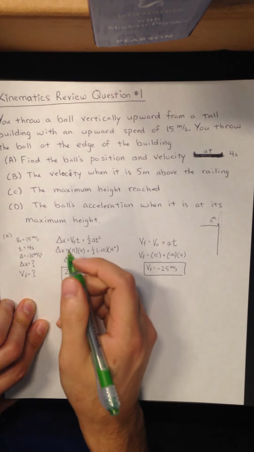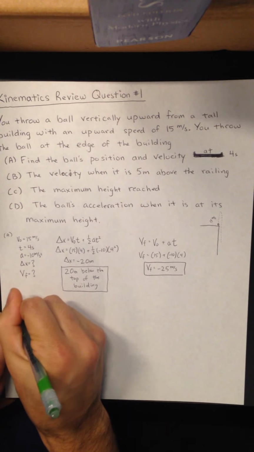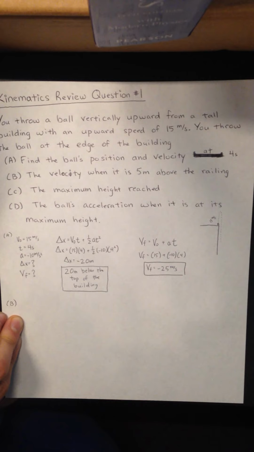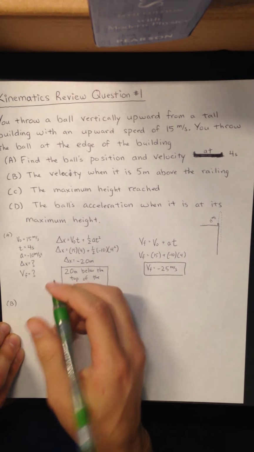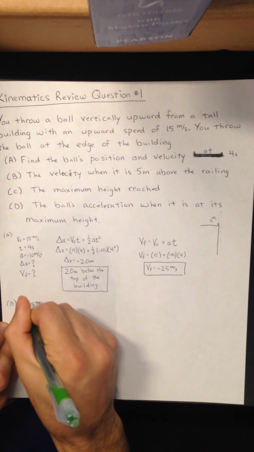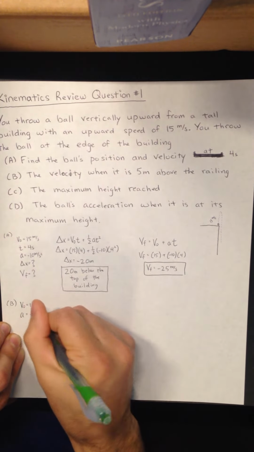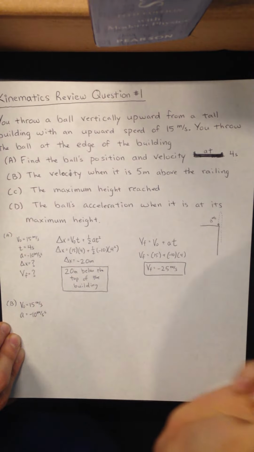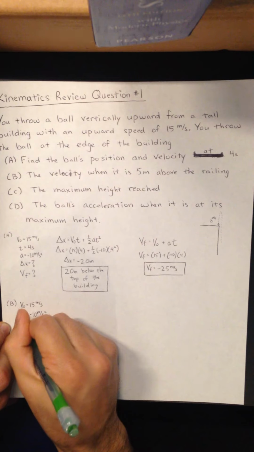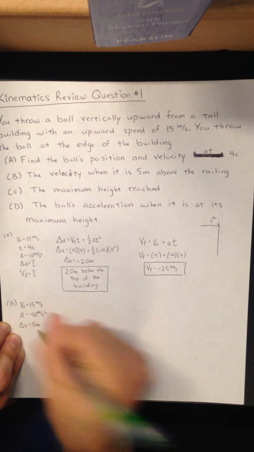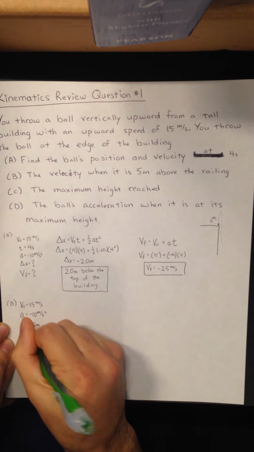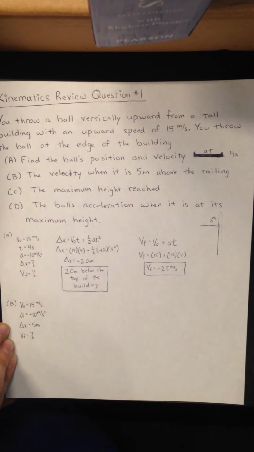Let's go on to question B. B states the velocity when it is 5 meters above the railing. So same as before, our knowns: V initial is 15 meters per second. Acceleration, since it's free fall, is -10 meters per second squared. And now the position is 5 meters above, so the displacement equals 5 meters. What we're looking for is the velocity.